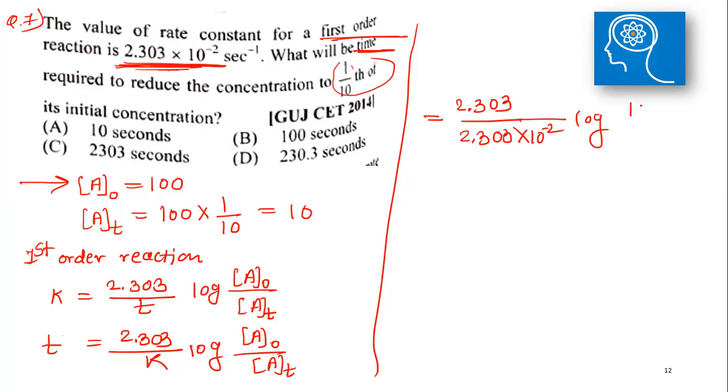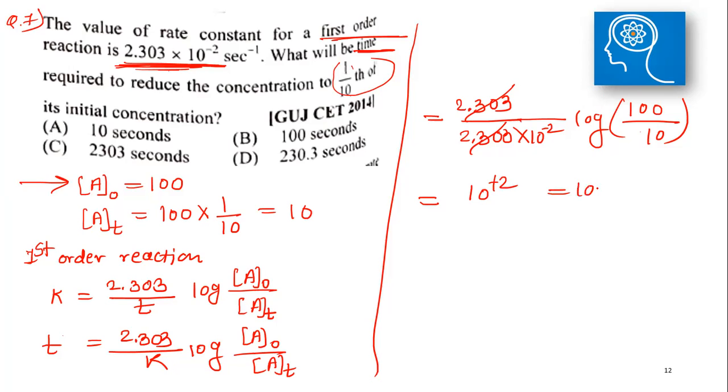It's 100. What is the value of A_t? It's 10. Now what to do? It is equal to... simple, the calculation is also simple, this cancels out. And what will come here? (1/10) to the power -2 means 10 to the power +2, that is 100.